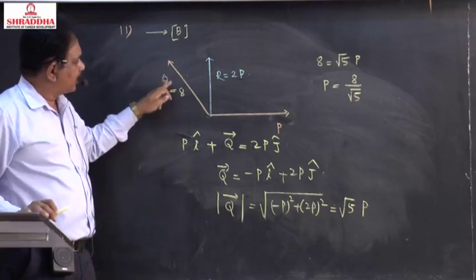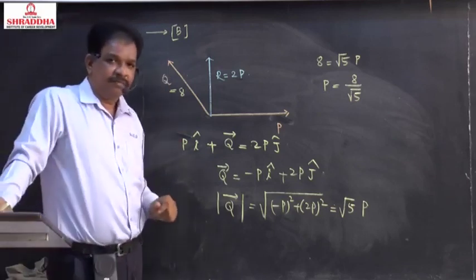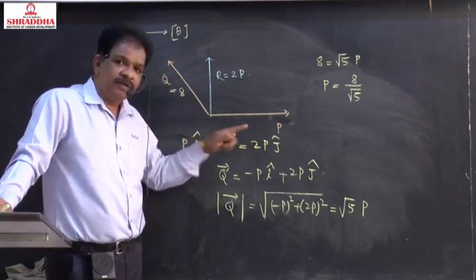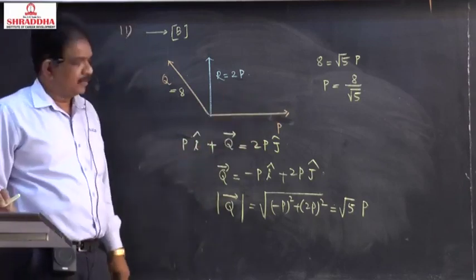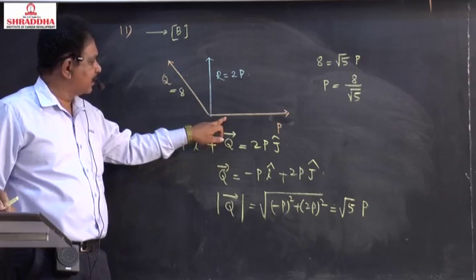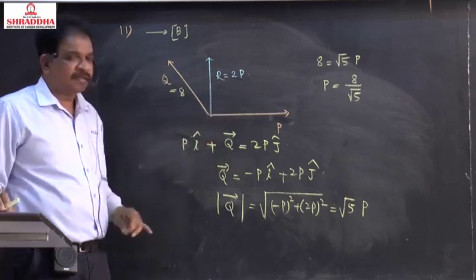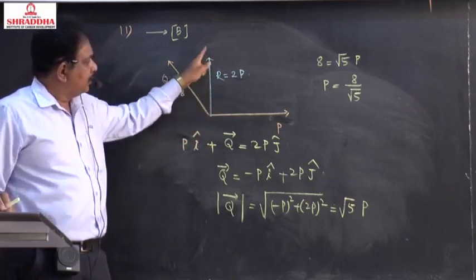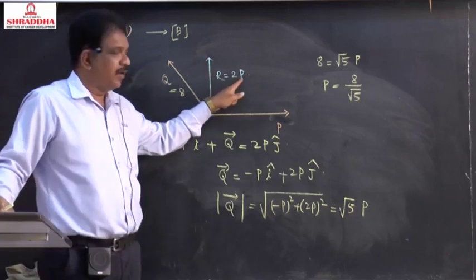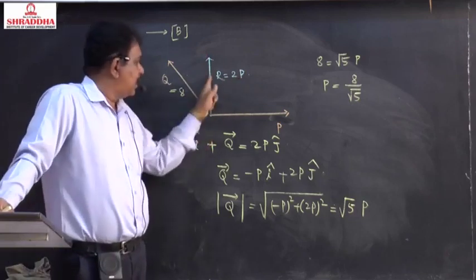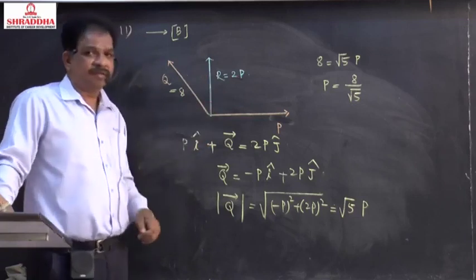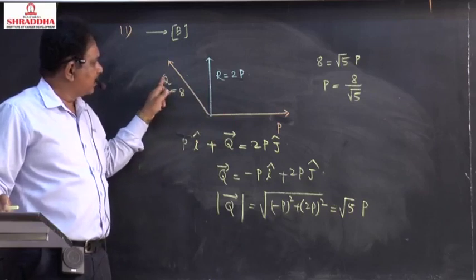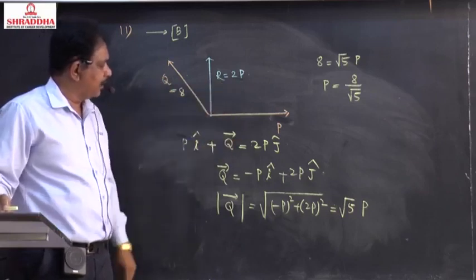Once again, see what they are asking. Q bar is a vector having magnitude 8. This q bar is added to the vector p bar, which is acting along the x-axis. The resultant of these two vectors is r, which is equal to 2p, and this r is along the y-axis. So p i cap plus q bar is equal to 2p j cap.